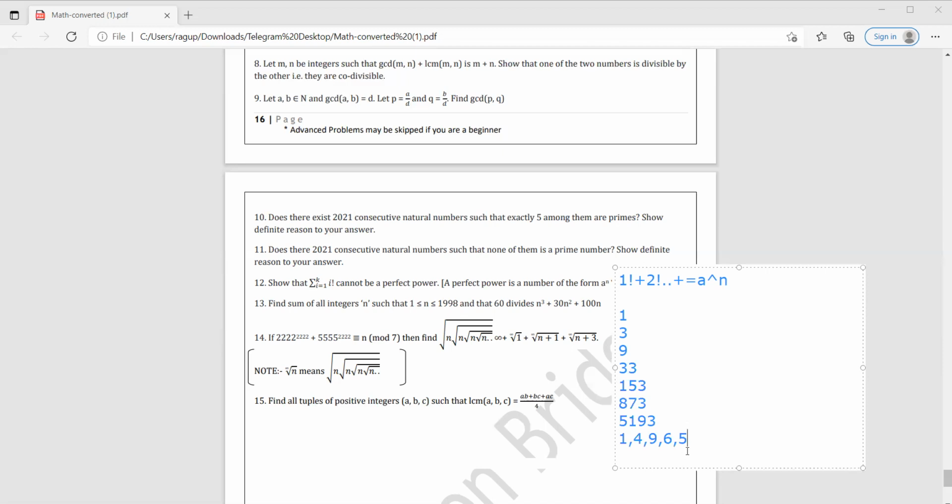What this means is that a perfect square should have its last unit digit be 1 or 4 or 9 or 6 or 5. But in our case, after 33, the unit digit is always 3. So this means we have a contradiction. So we just need to prove that after 33, it is equal to 3 mod 10.